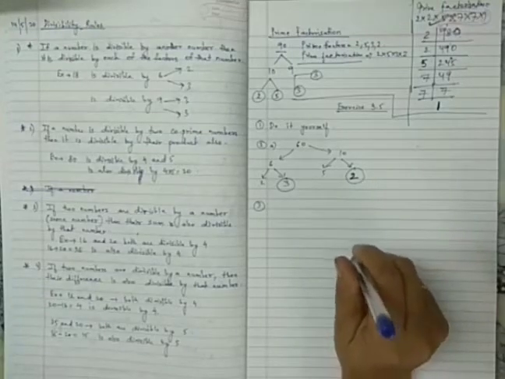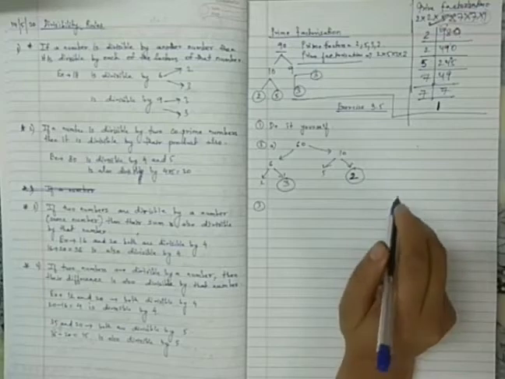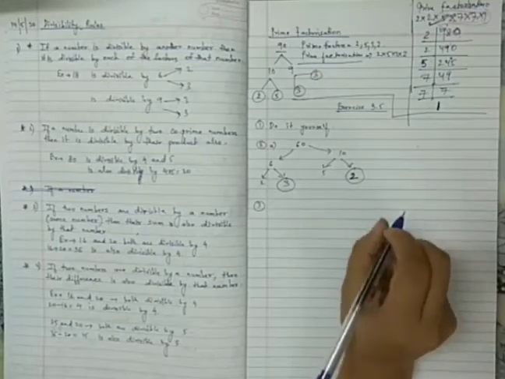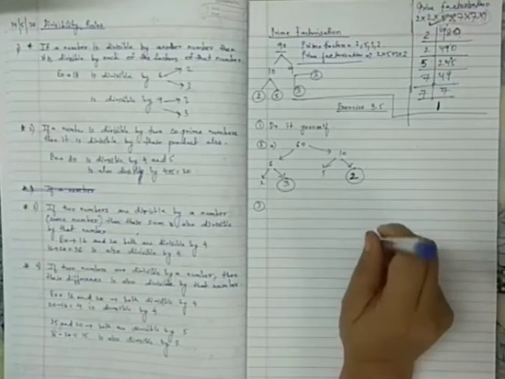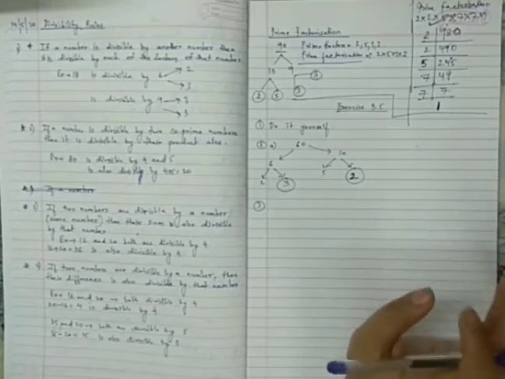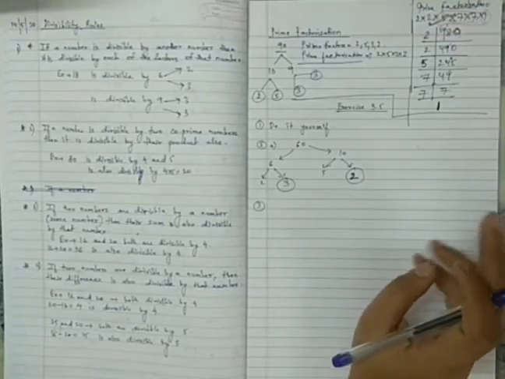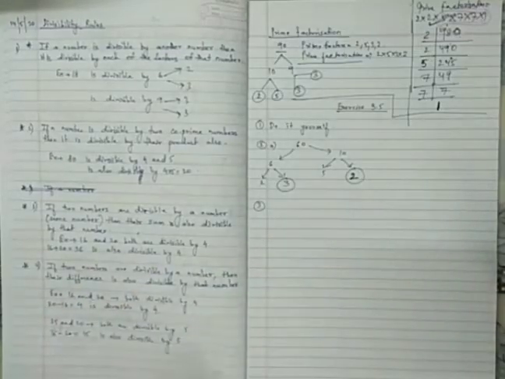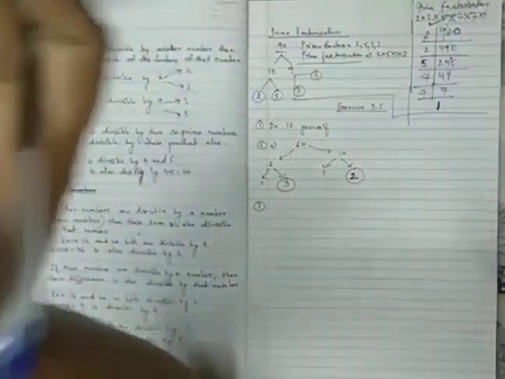Now coming to question number 3. Question number 3 is, which factors are not included in the prime factorization of a composite number? Now what are composite numbers? Composite numbers can be 6, 8, 9, those numbers which have more than 2 factors.